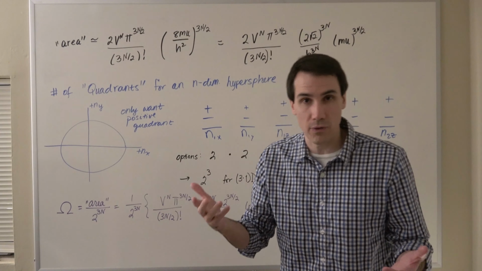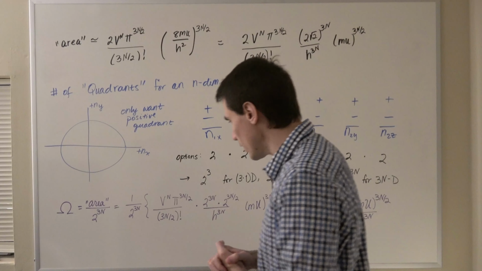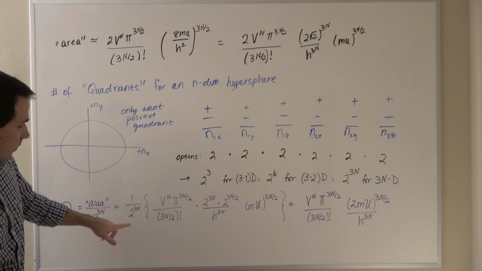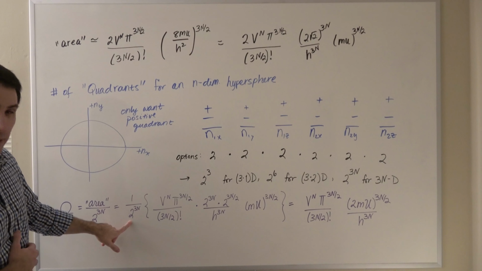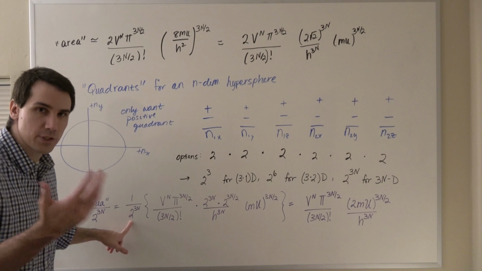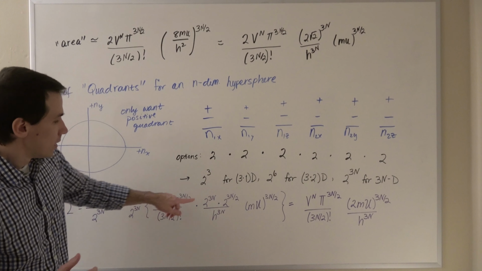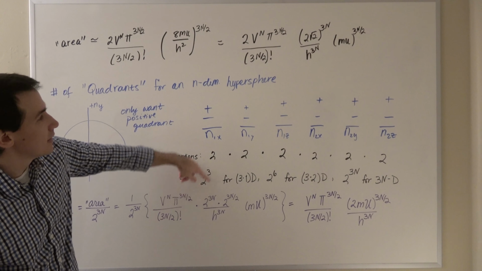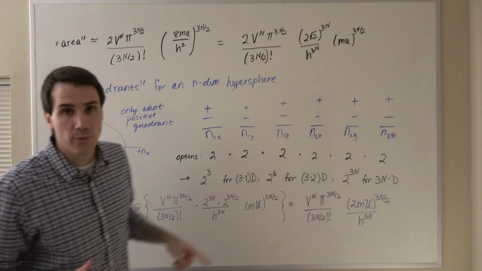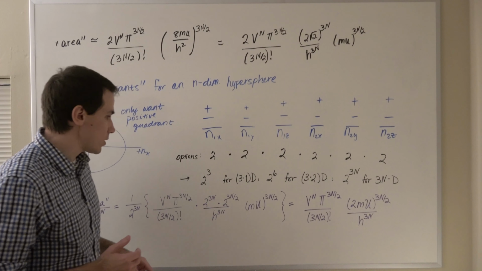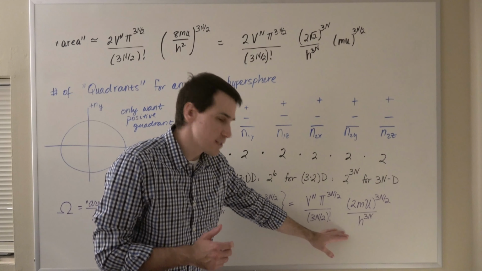So we need to divide out all of the other quadrants. In doing so, you'll notice that this 1 over 2 to the 3N, which comes from counting up our quadrants and dividing out the ones we don't need, cancels directly the 2 to the 3N in our area equation, leading to this formula.